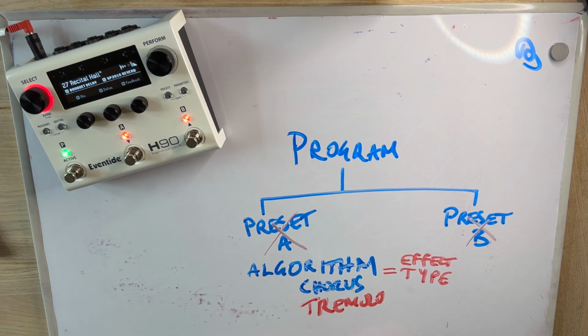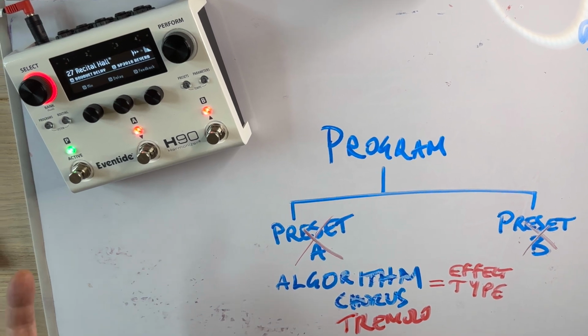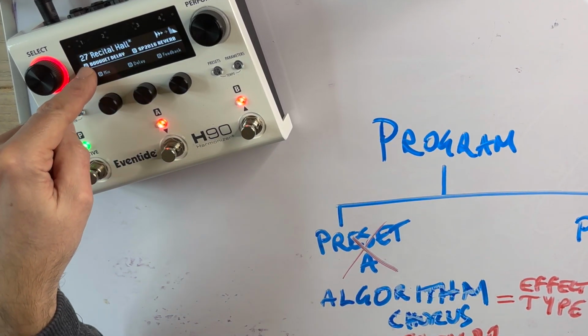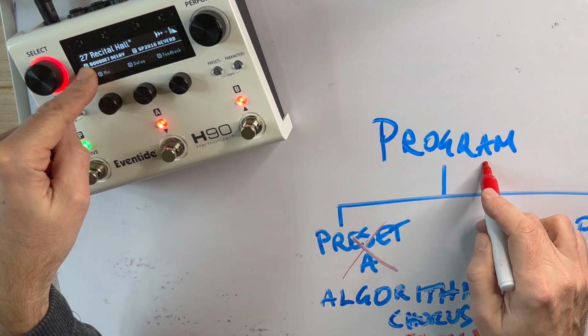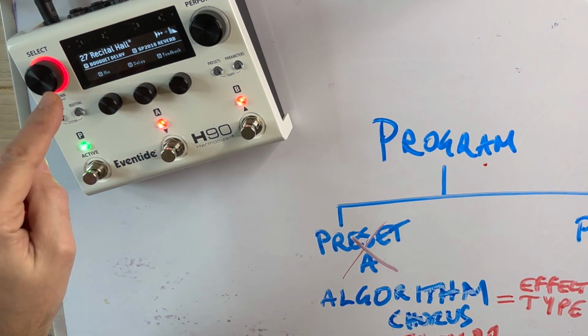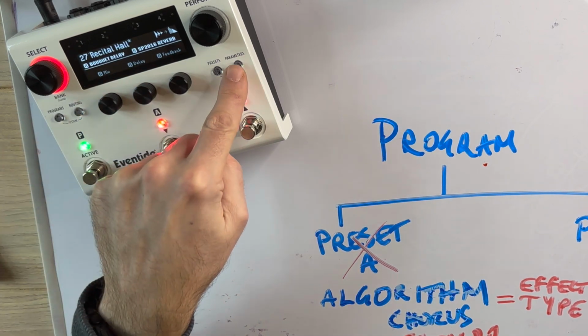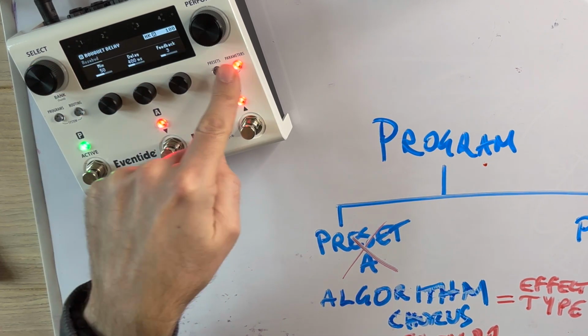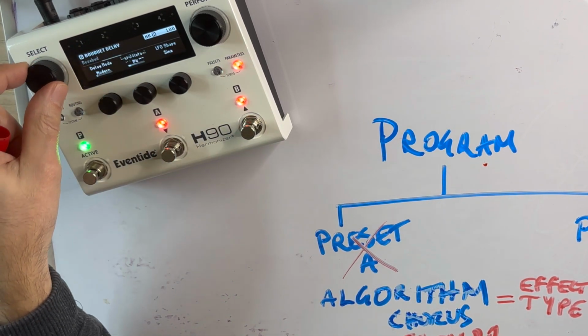So that's the way I normally think of these things, and to me that seems the easiest way. And of course, now that you have the bucket delay here in side A of your program, you can then set its parameters. Perhaps I'll do that on another video.